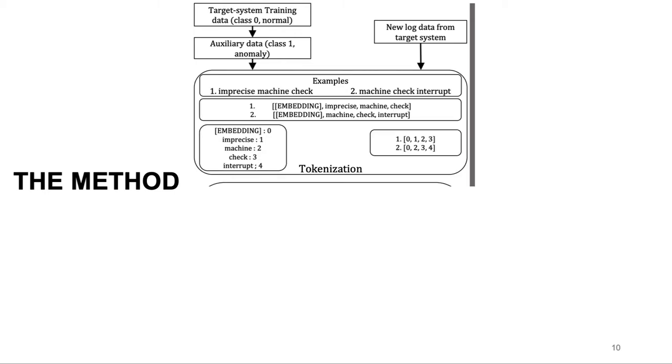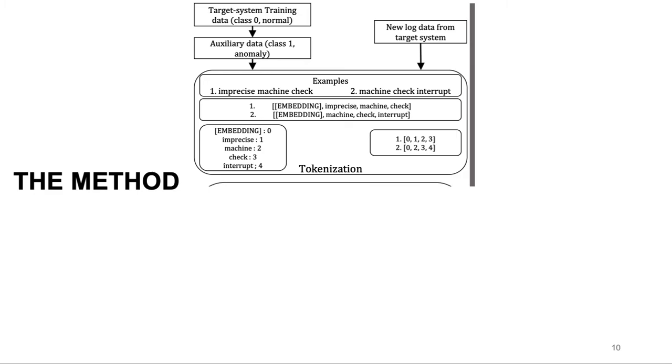First, we do tokenization. For example, if we have imprecise machine check as log number 1 and machine check interrupt as log number 2, we tokenize them. Tokenization means that we separate them into words, and moreover, we add this special embedding token, which is used to summarize all the context from this log message.